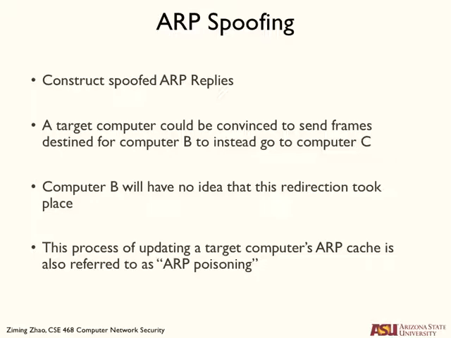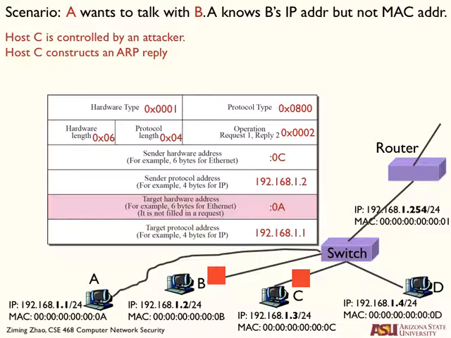So let's see how a malicious attacker C, in this case, can pull this off. We're using the same scenario. A wants to talk with B. A knows B's IP address, but A doesn't know B's MAC address. So A already sent out the ARP request to everyone, and everyone received this. Host C is controlled by an attacker who wants to do something malicious. So instead of just ignoring this ARP request, host C will construct an ARP reply. This is what it looks like.